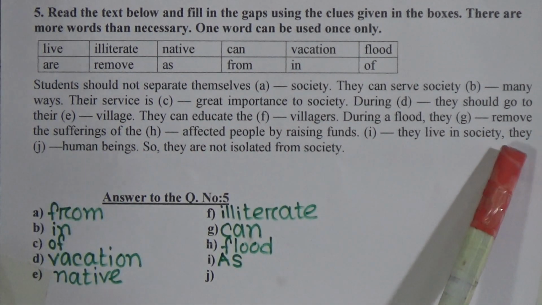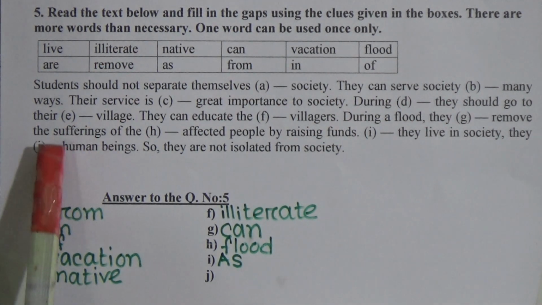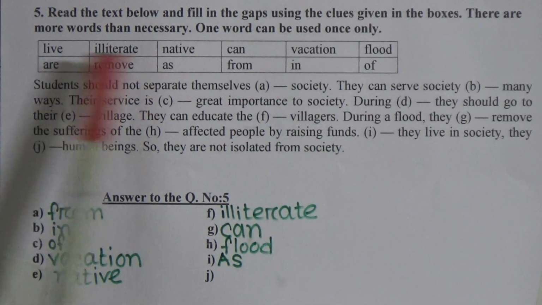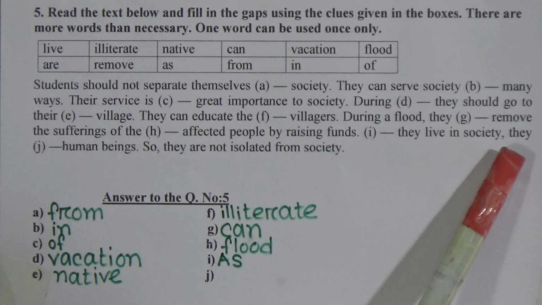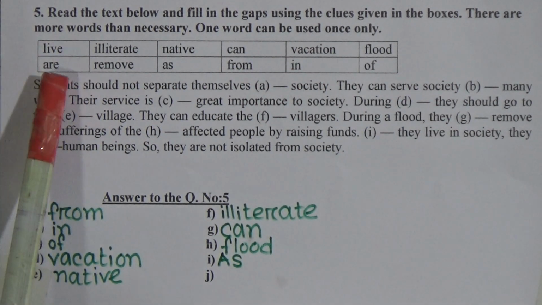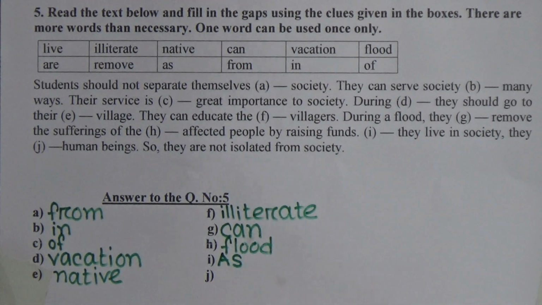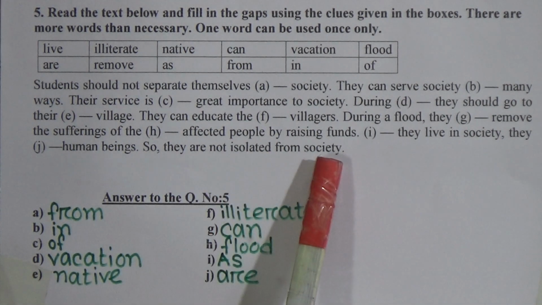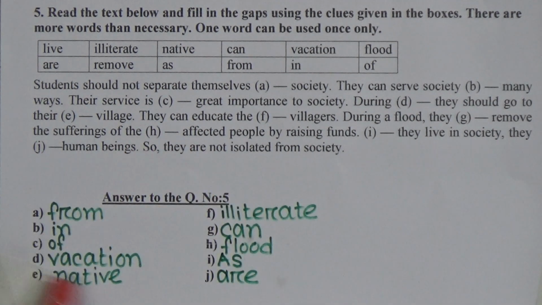They here is the subject, and after the subject we have to use a verb. And here you can see this verb, are. With a plural subject we have to use a plural verb. They means more than one. So we have to write here for number J, are, as the verb. They are human beings, so they are not isolated from society. So students, these are the answers of question number 5.